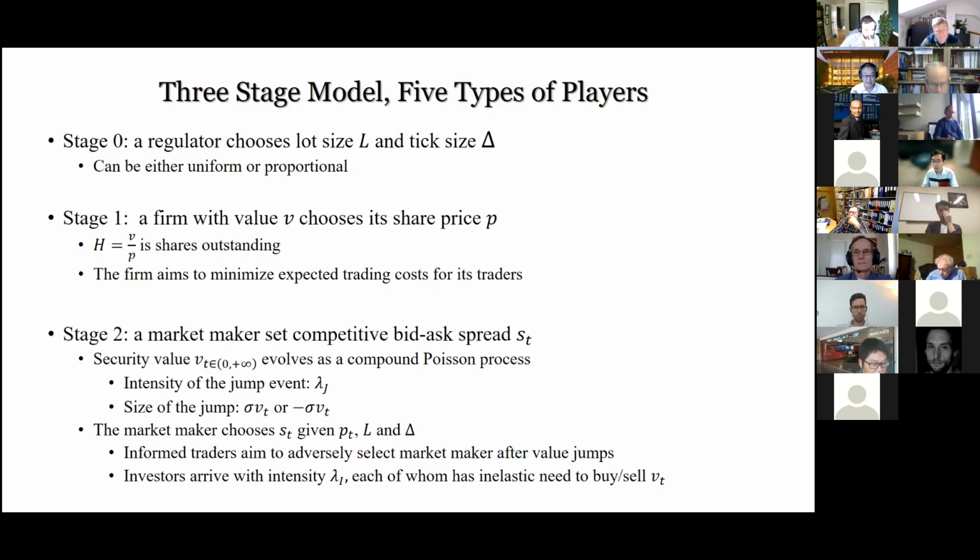The market maker chooses S_t given P_t, L, and delta. The informed trader aims to adversely select the market maker after value jumps. And the investors, think of them as liquidity traders, arrive with intensity lambda I, each of whom has an inelastic need to buy or sell V_t.